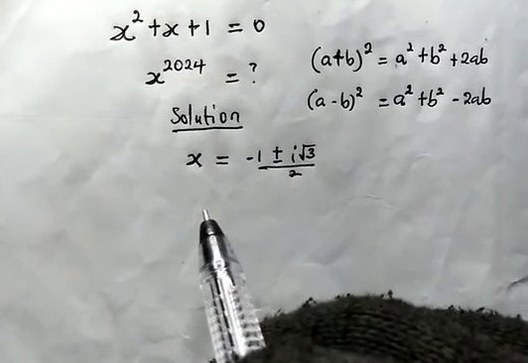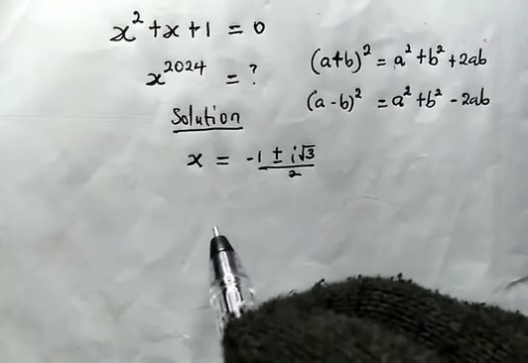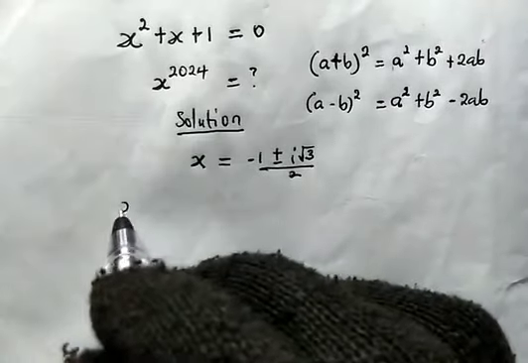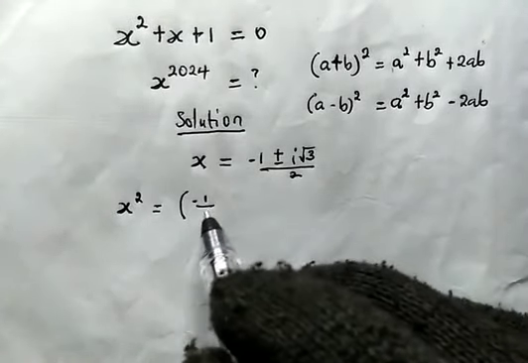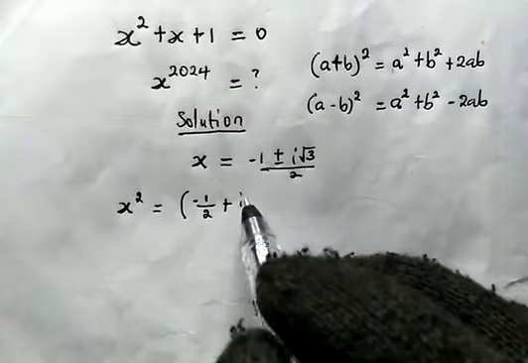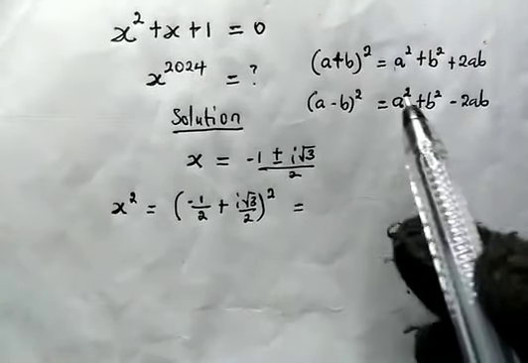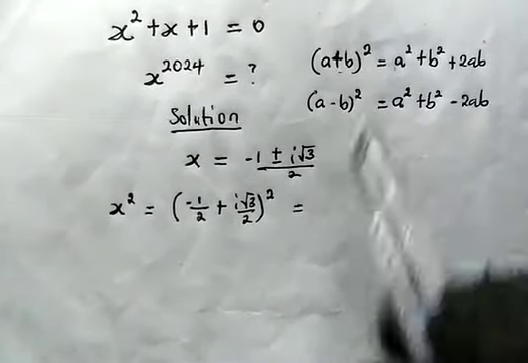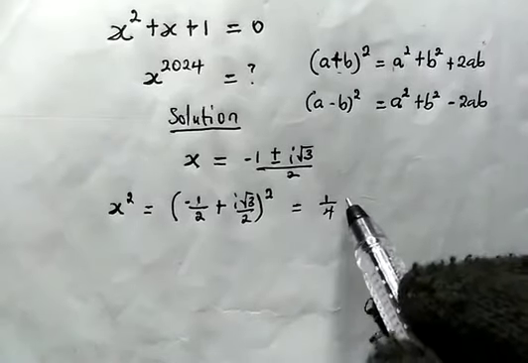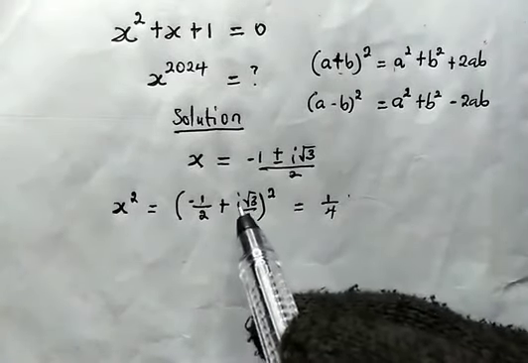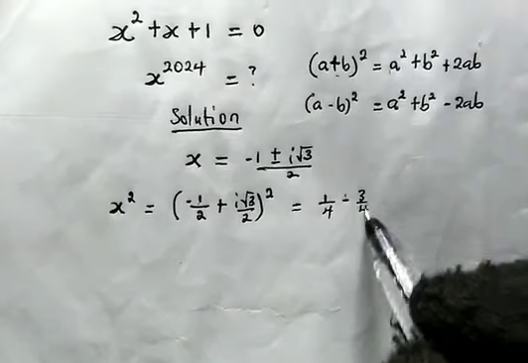Now, another thing we're going to do here is to consider when these roots are squared. For the first root, x squared will be equal to negative 1 over 2 plus i root of 3 over 2, squared. Using this property, we have the first term squared, which is 1 over 4, then plus the second term squared: i squared is negative 1, root 3 squared is 3, so we have negative 3 over 4.